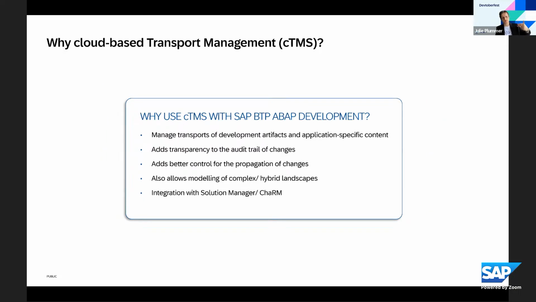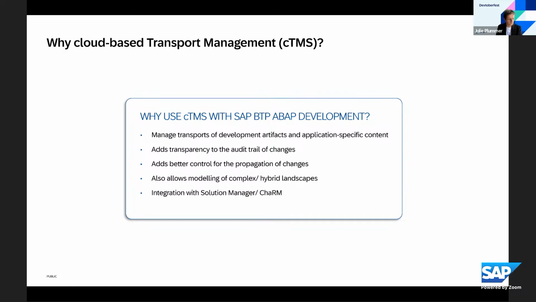Why we offer cloud-based transport management. Basically, this is a whole new tool, an SAP BTP service, Cloud Transport Management. It's not dissimilar to the on-premise offering, but it allows you to run this as a service in the cloud, so you don't need a separate ABAP on-premise system.